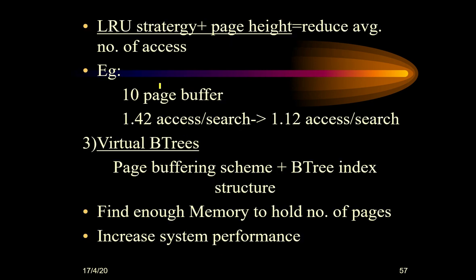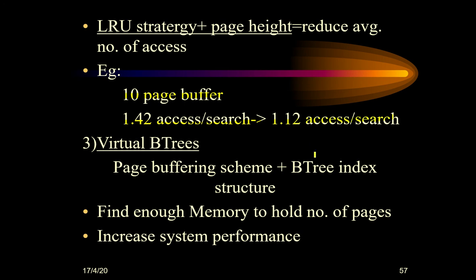So when I consider page height, I am introducing both techniques, that is, least recently used and page height. When I use both techniques, I see that the average number of accesses for data is reduced. In the case of a 10-page buffer, the efficiency improved from 1.42 accesses per search to 1.12 accesses per search.